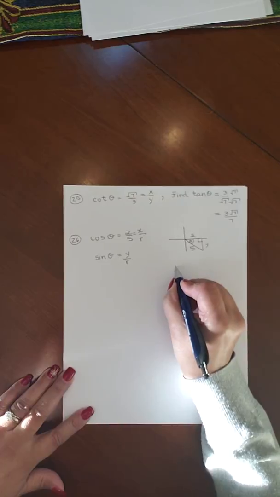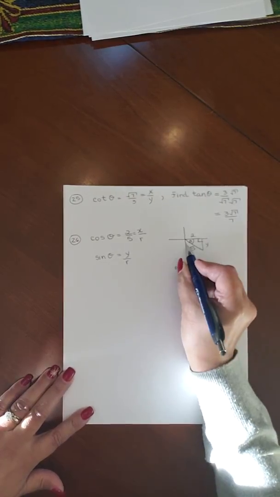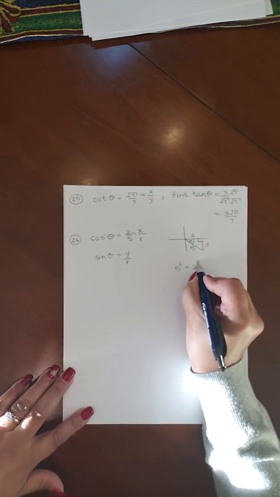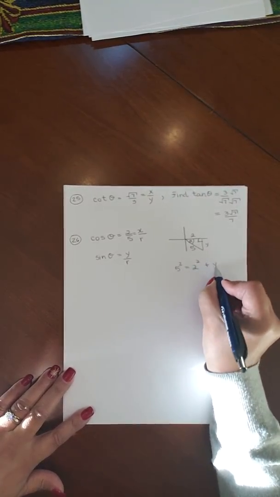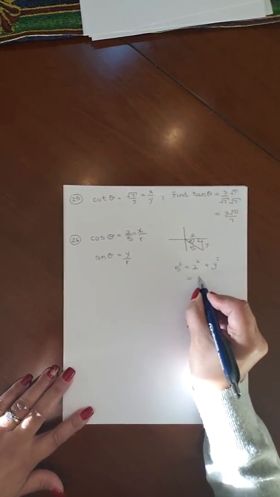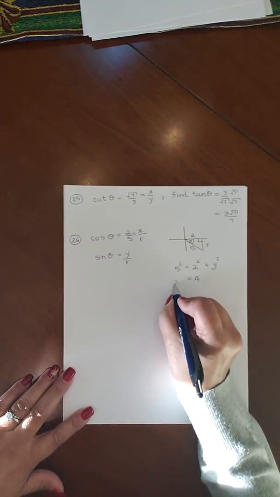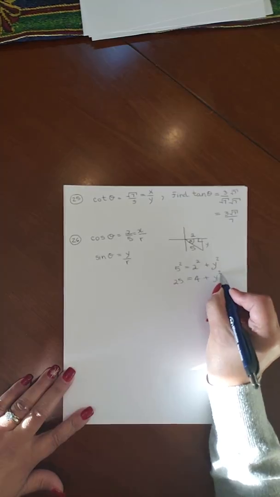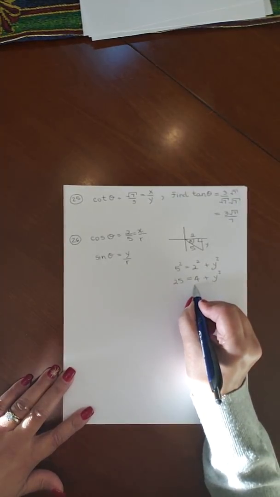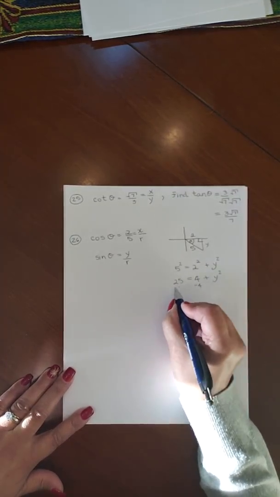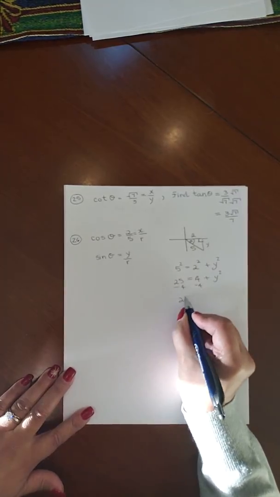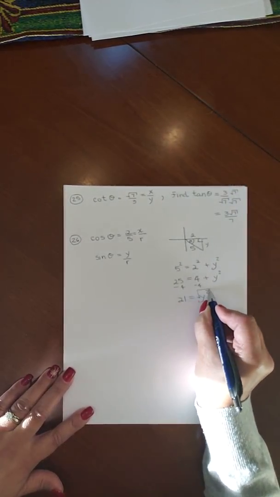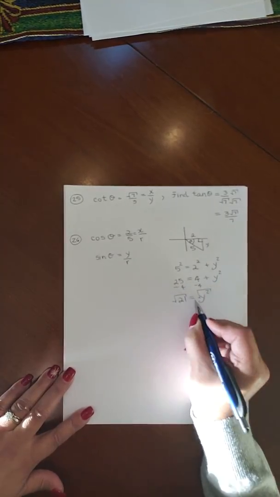So it's always hypotenuse squared, this is the hypotenuse, is equal to leg squared plus the other leg squared. This is 4, this is 25, this is y squared. Okay, subtract 4 from both sides and you get 21 is equal to y squared. And then to get y, it's square root of 21.